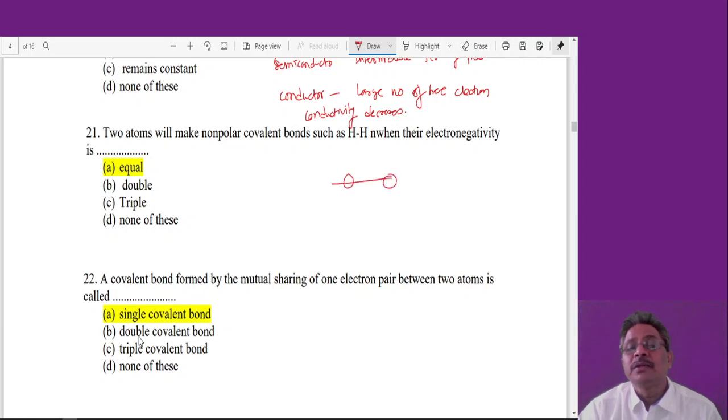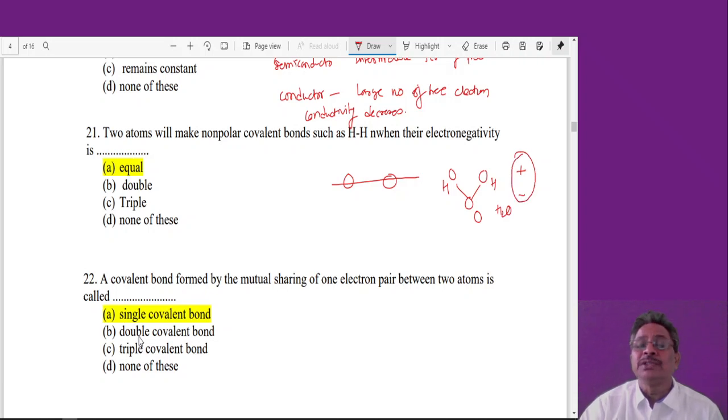In some cases we get this type of bond, for example oxygen and hydrogen and hydrogen, like H2O. This is a polar molecule. Here the positive charge and negative charge centers of the molecule are at different locations, whereas in some cases the positive and negative charge centers are at the same point, and this is called a non-polar molecule.